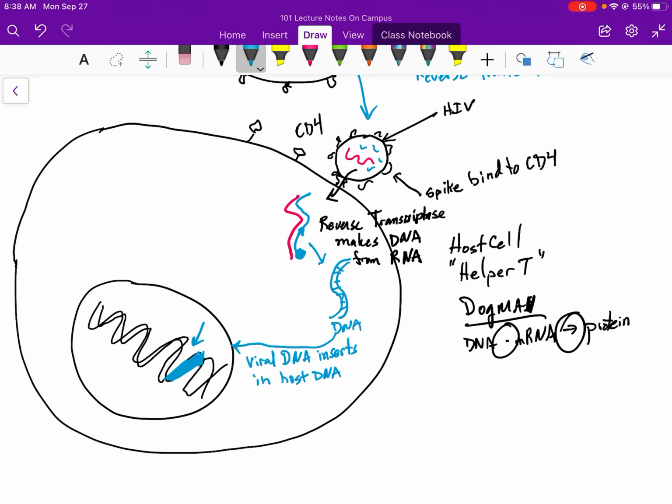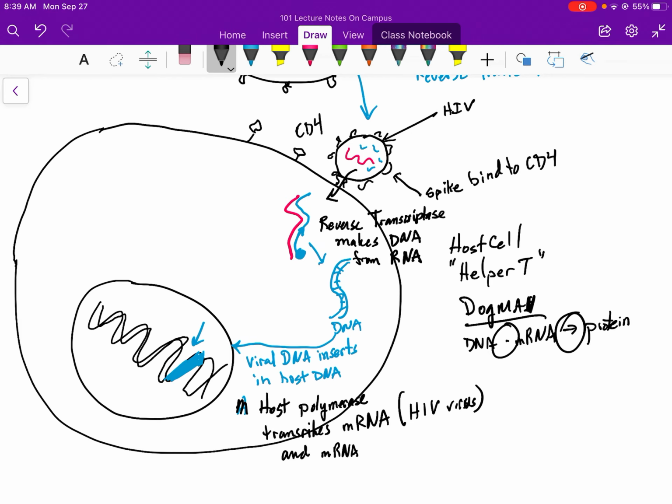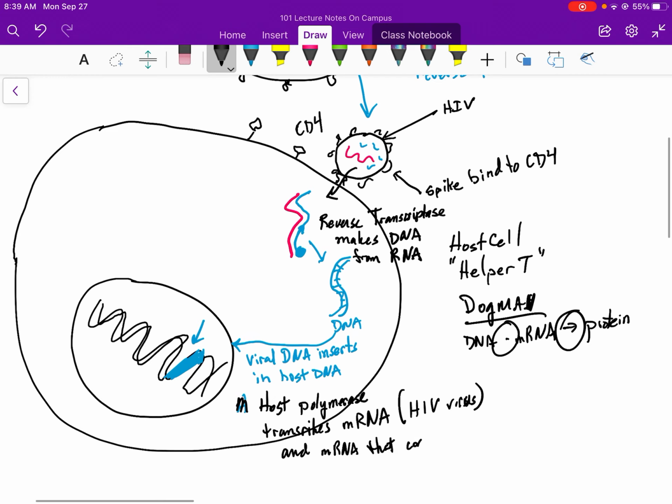And now what happens is then host, I'm going to go back to writing in black here, host DNA polymerase, right, which we've talked about before, basically transcribes messenger RNA, which really is HIV virus, and some messenger RNA that codes for reverse transcriptase.